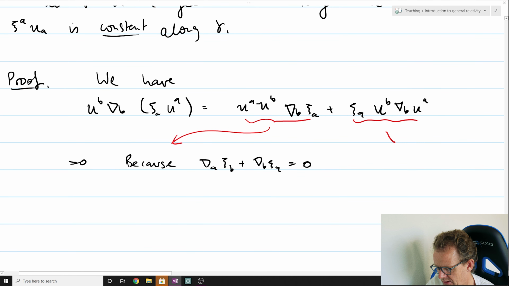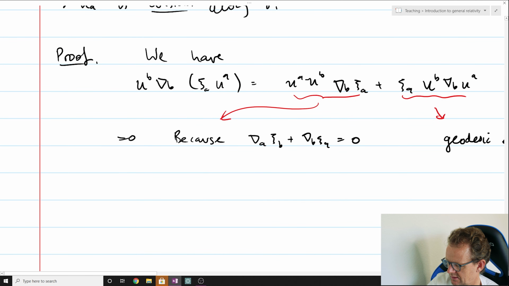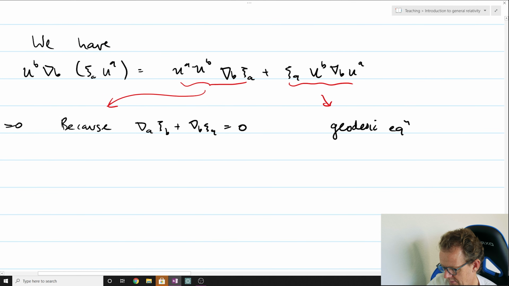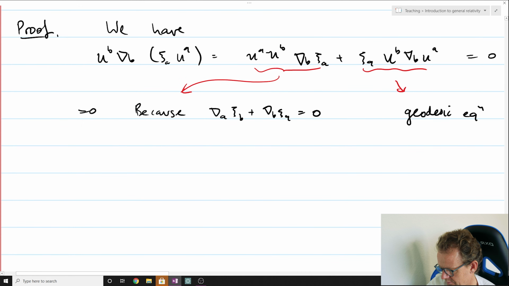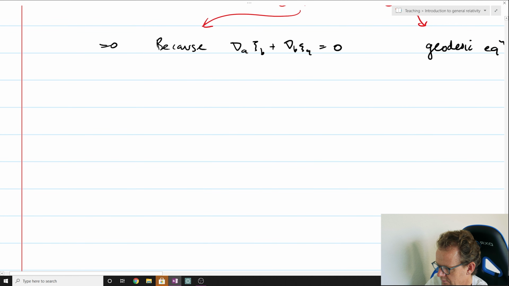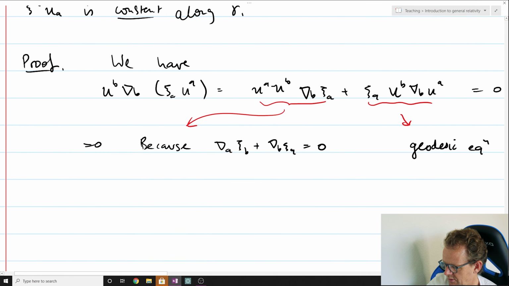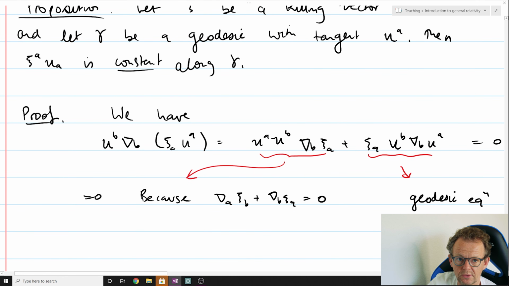That's just the geodesic equation. So we've just learned that the derivative along the geodesic of ψ_A contracted with U^A is 0, so it is constant. So that symmetry will turn out to be quite handy when we are trying to derive the geodesics of test bodies and light rays for the Schwarzschild solution.